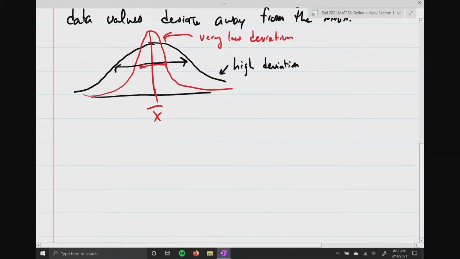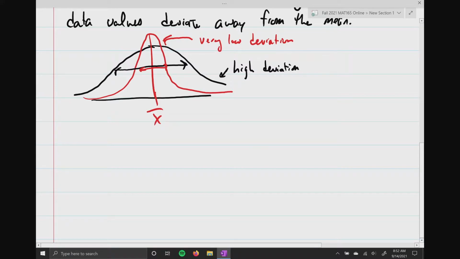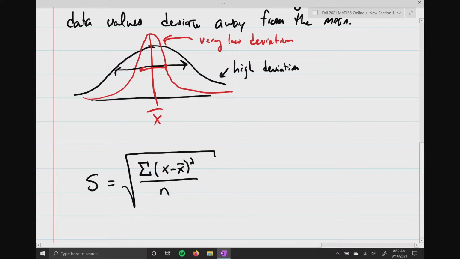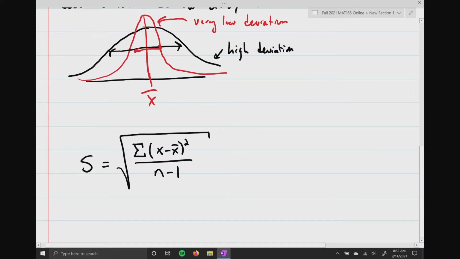Now, to calculate standard deviation, we give it the letter S, a lowercase s, and it's going to be defined as the square root of the summation of x minus x bar squared, all over n minus 1. Now, this should look very familiar.